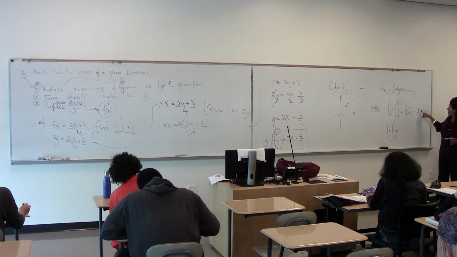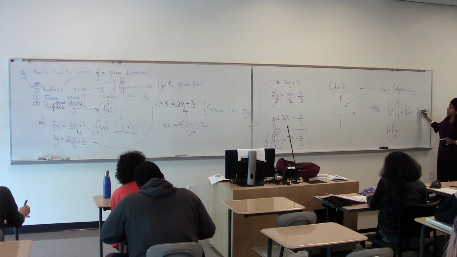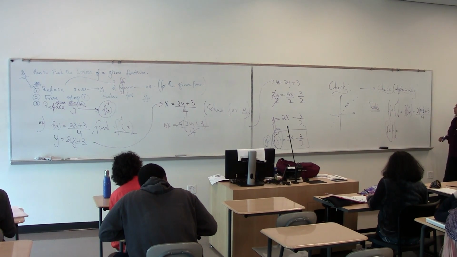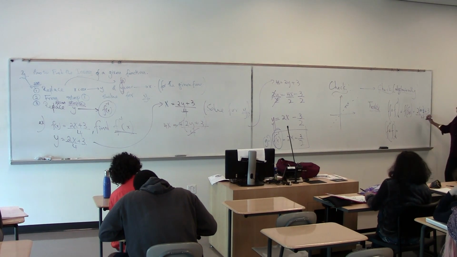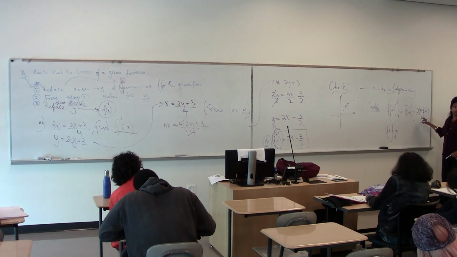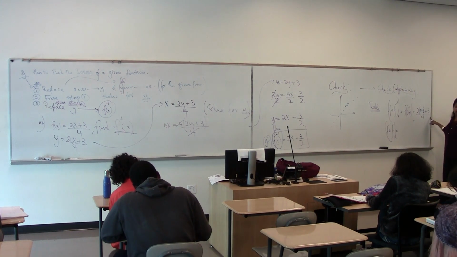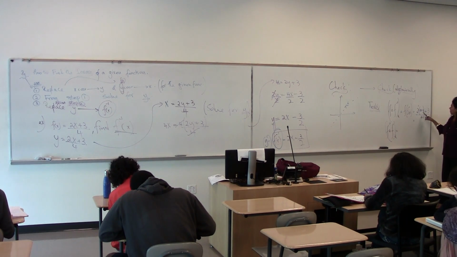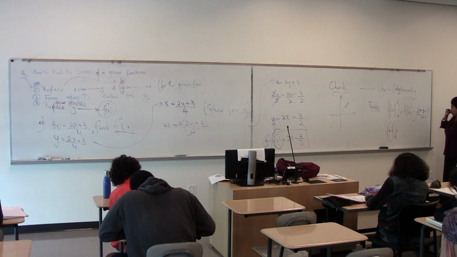So now, what am I supposed to write here? 2 times (2x minus 3) over 2, plus 3, all over 4. Now simplify this. I can reduce here, because this is all over 2.